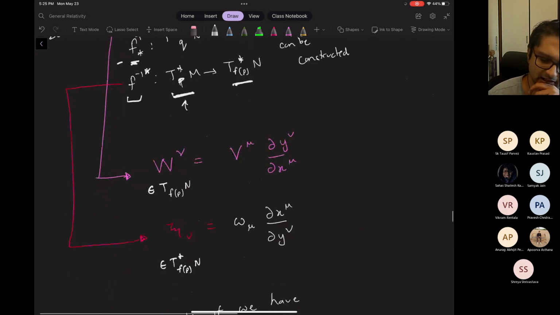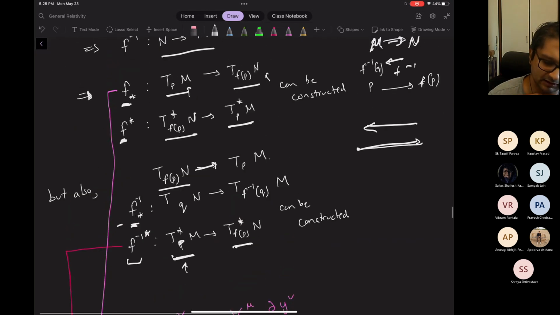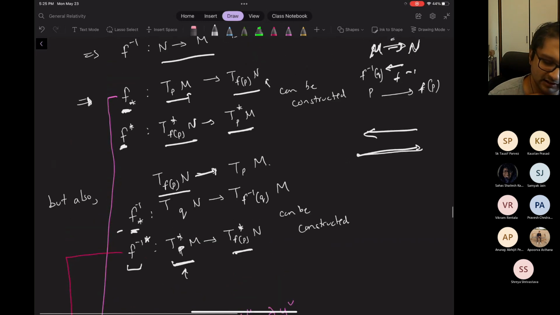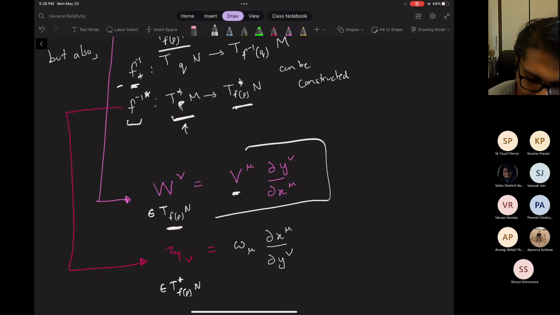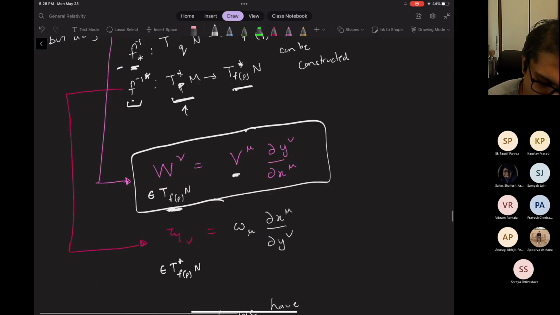Okay, and so in components, we can write down, for example, these quantities. If I take the original F star from T_P M to T_F(P) N, that, so if I have this with components in T_F(P) of N, omega nu, that is the original vector times this Jacobian. And now this F inverse star, I can do the same thing.